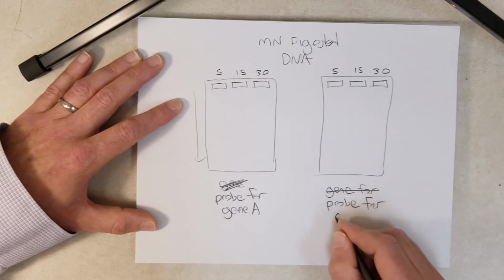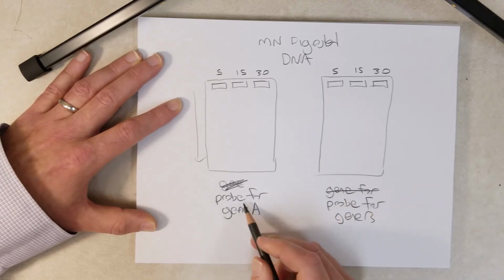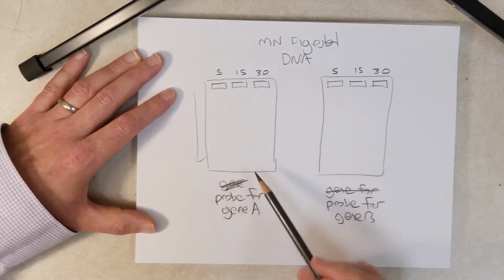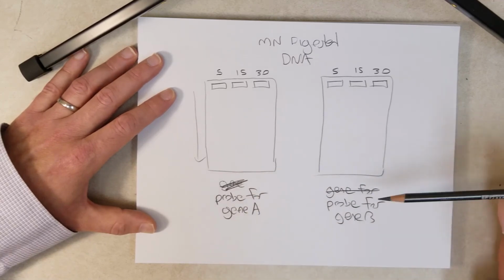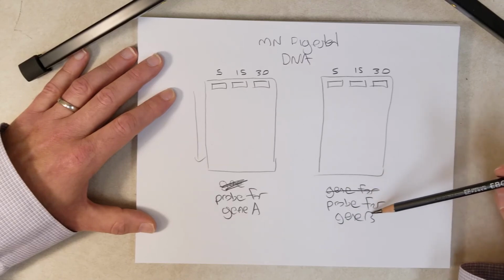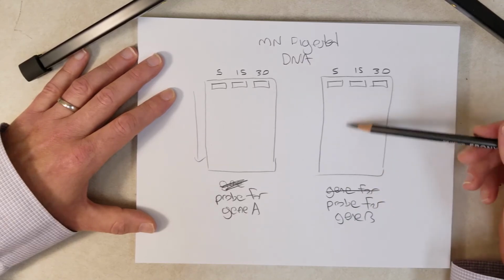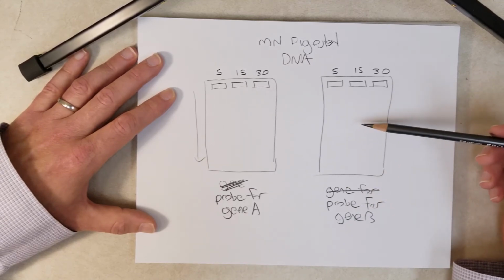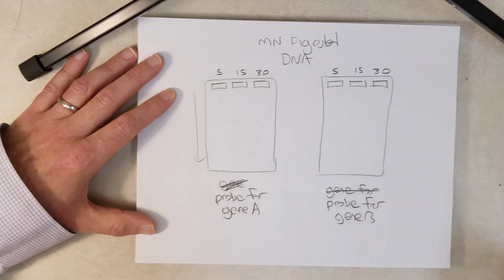On the left is a probe for gene A, so it's going to light up all the DNA sequences that match gene A. On the right is a probe for gene B, and it's going to cause to fluoresce all the DNA that matches gene B.